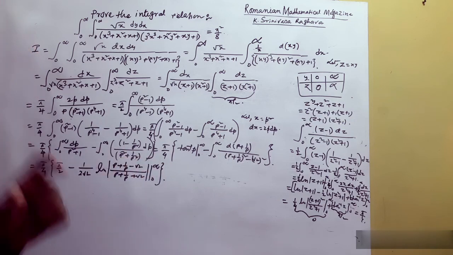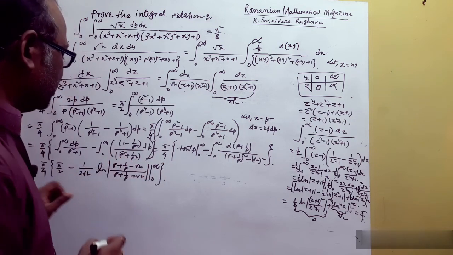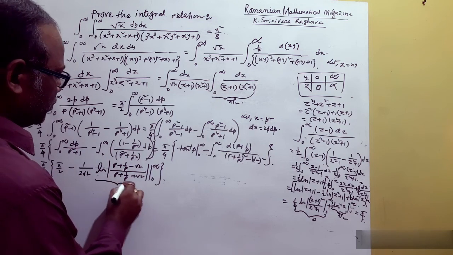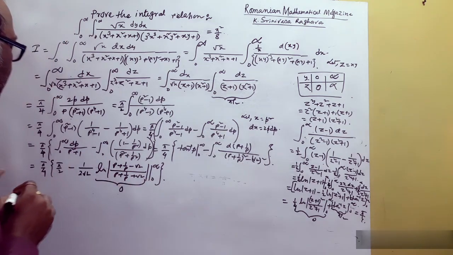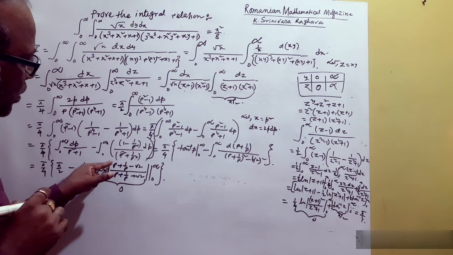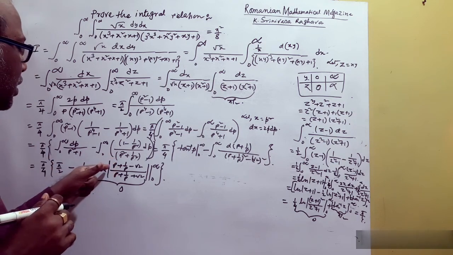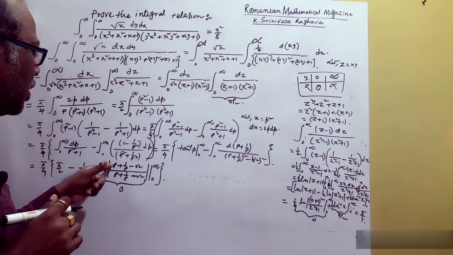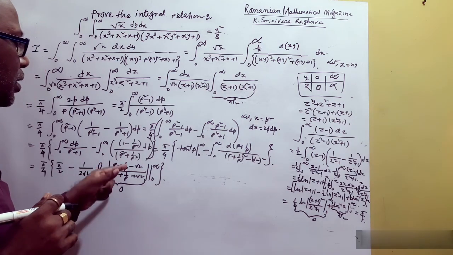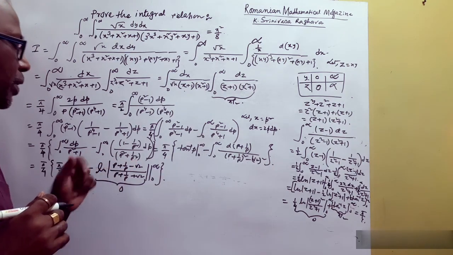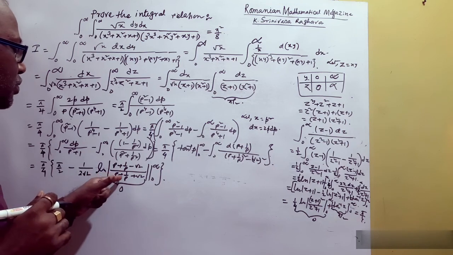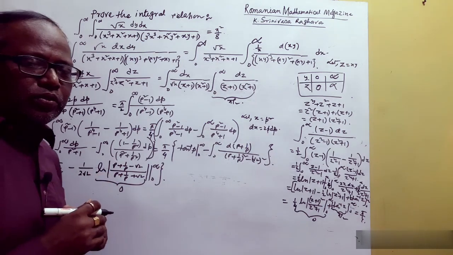Okay, see, this value is actually 0. Why? If we take common p from numerator and denominator, then the p are cancelled, then we get 1 plus 1 by p square minus root 2 by p, same as 1 plus 1 by p square plus root 2 by p.